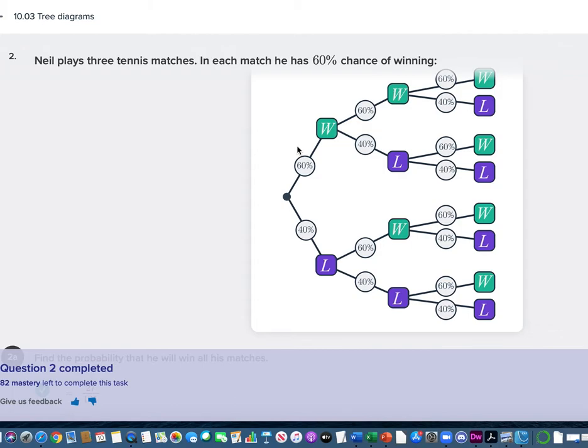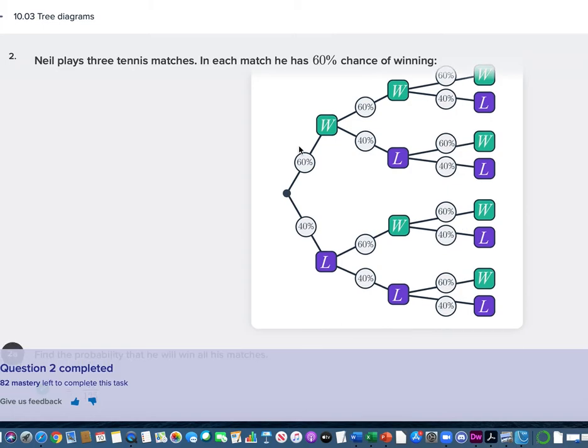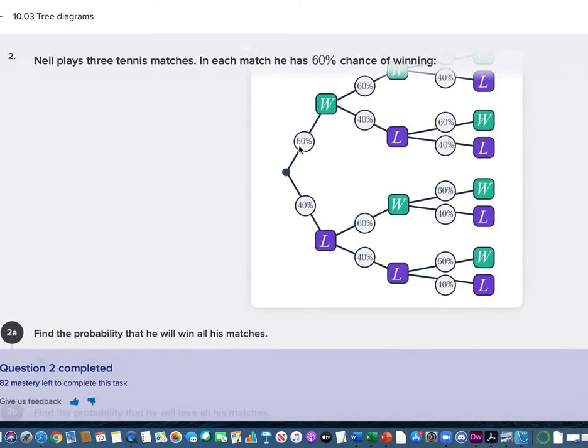If we want an exact answer, then we go 3 times 3 times 3, which is 27, over 5 times 5 times 5, which is 125.